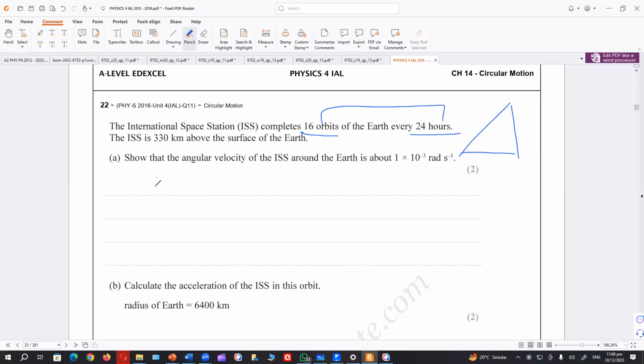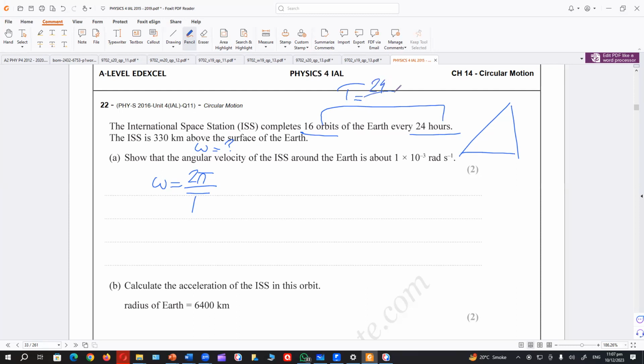What's the formula? Let's see. 16 orbits of Earth every 24 hours. It's 330 kilometers. So we have the R. We need the time period now. In 24 hours, there are 16 orbits.